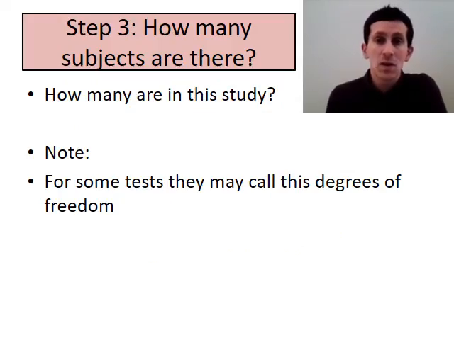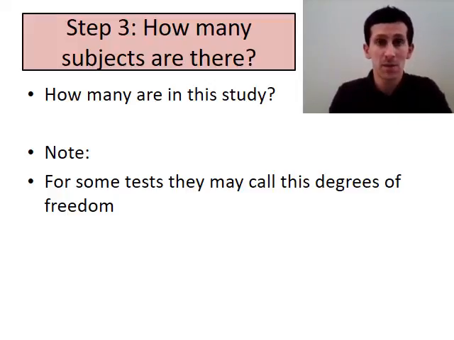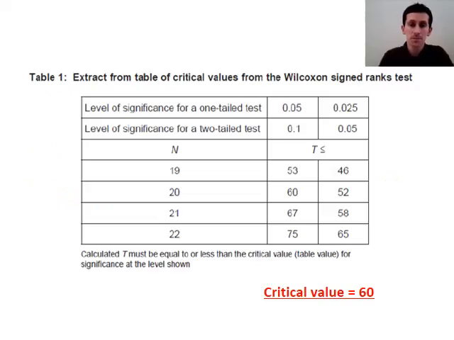Right, next, you need to know how many subjects there are in the experiment. So they'll always tell you how many subjects there are, and sometimes they might use a word like the degrees of freedom instead. So they'll either give you the number of participants or they'll give you the degrees of freedom in the experiment. That's what you've got to know.